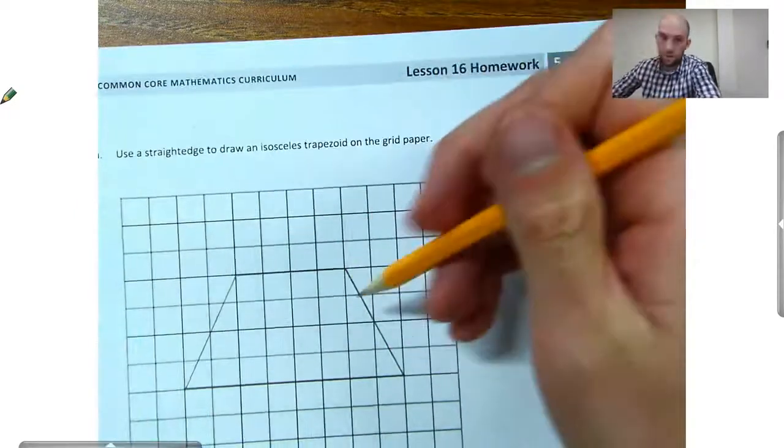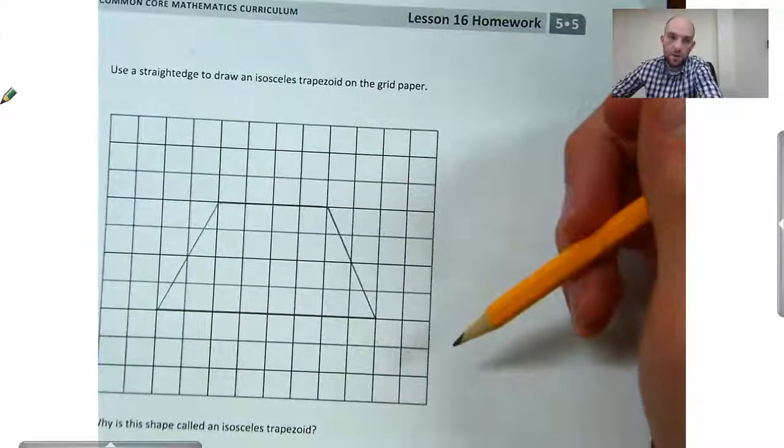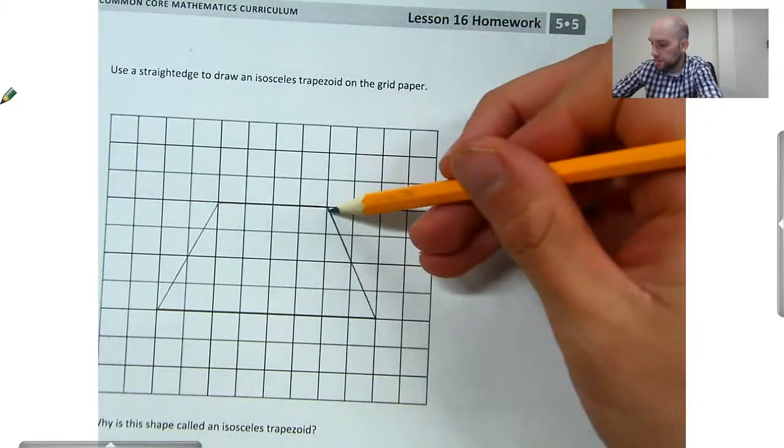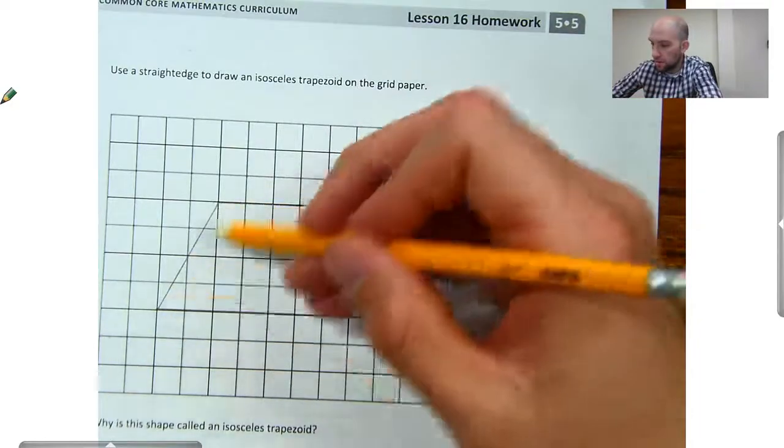And the important part is that these two sides are the same length. This side here and this side here are the same.